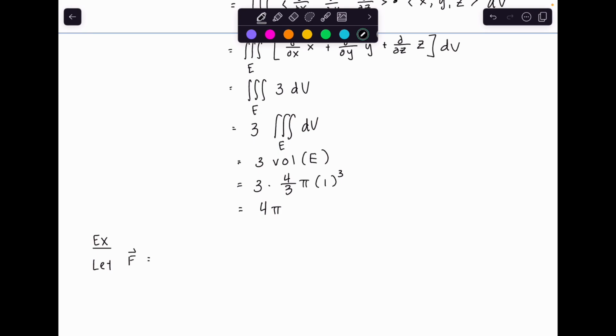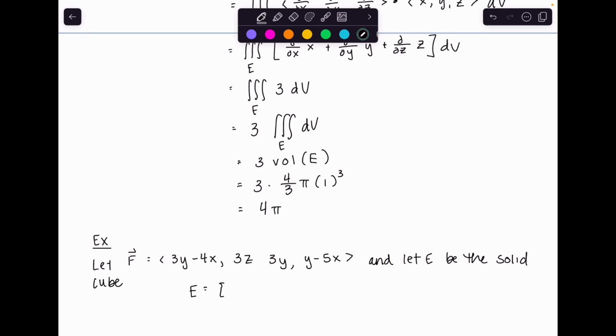Let F be the vector field 3y minus 4x, 3z minus 3y, and y minus 5x. And we're going to let E be the solid cube given by the following. It's all the x, y, and z triples such that x is trapped between -1 and +1. Same with y, and same with z.